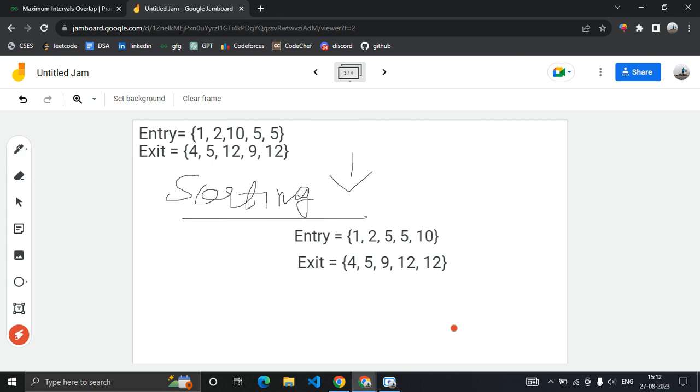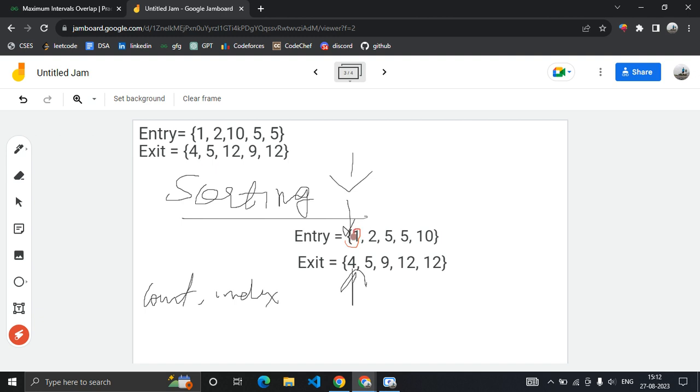Now I will simply maintain two pointers, one here and one here. Now let me maintain a count and an index to map the count and index. I will check whether the entry time is greater than or lesser than the exit time.